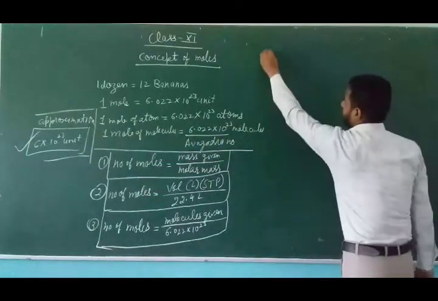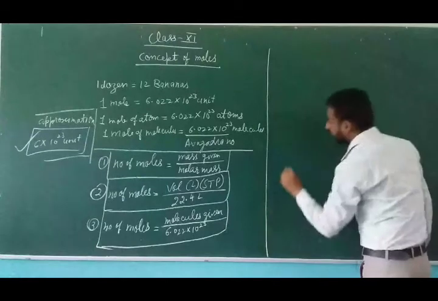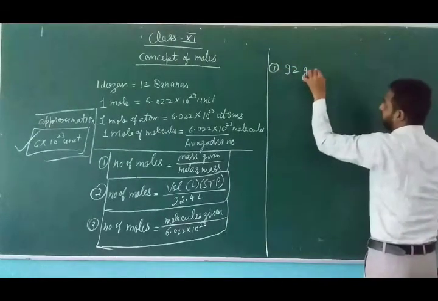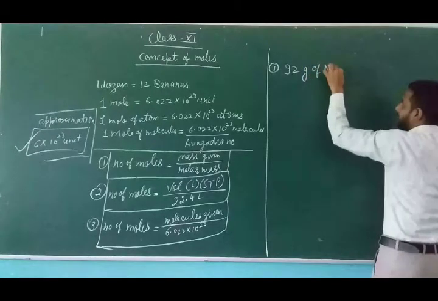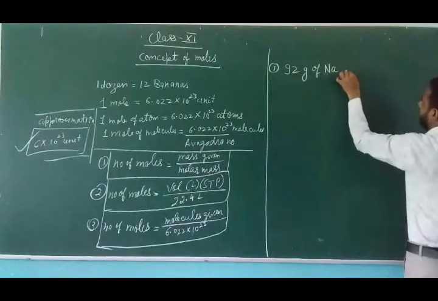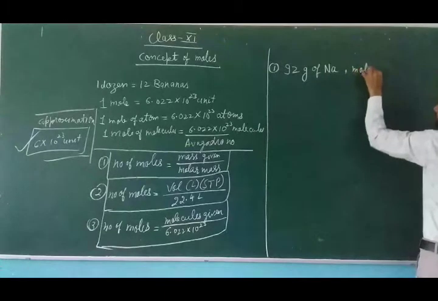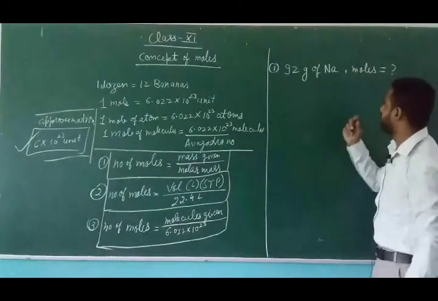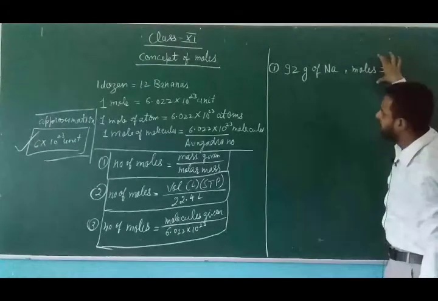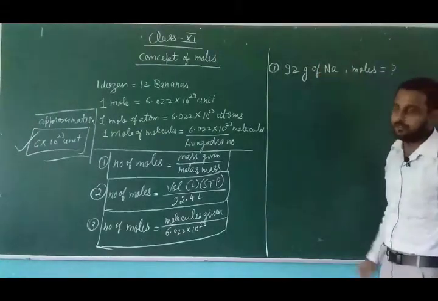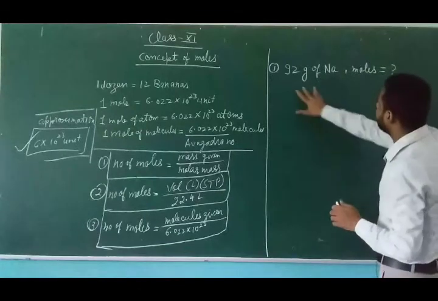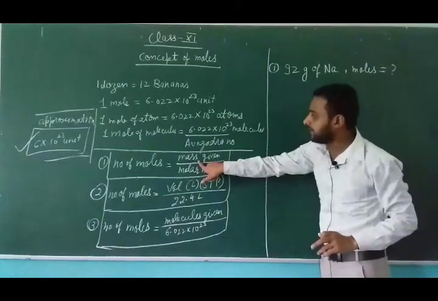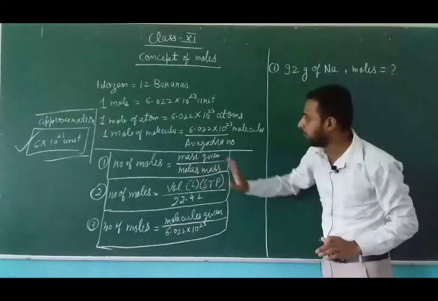If we have question number 1, if we have 92 gram of sodium, then find out the number of moles present in 92 gram of sodium. Here mass is given, so we can use this formula: number of moles is equal to mass given upon molar mass.